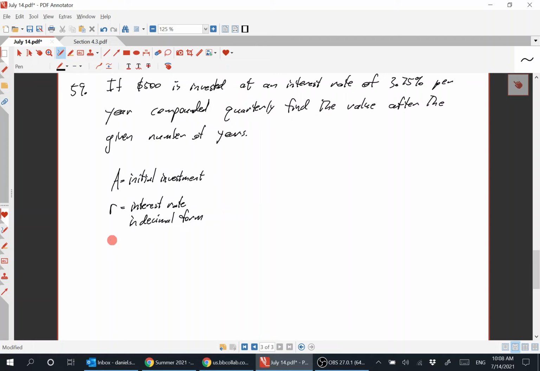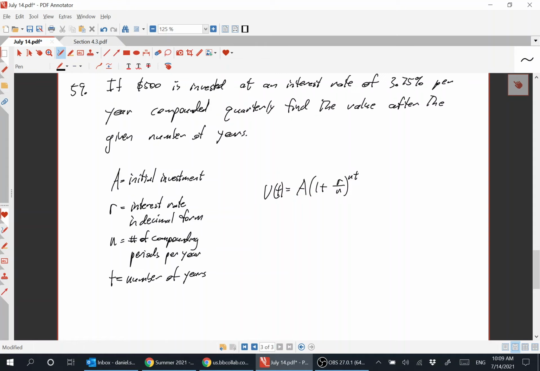And N is the number of compounding periods per year. And T is the number of years. Then the value after T years is your initial amount, A, times 1 plus r over n to the nt.